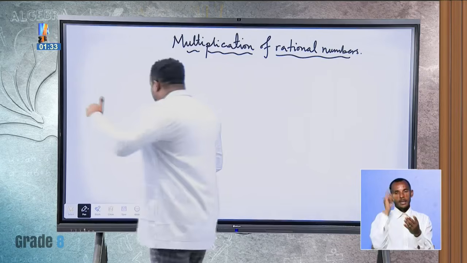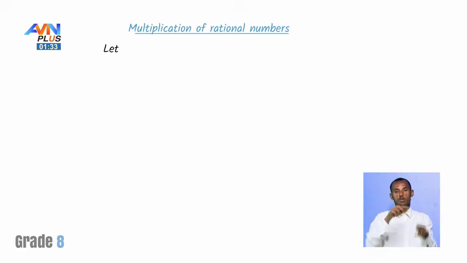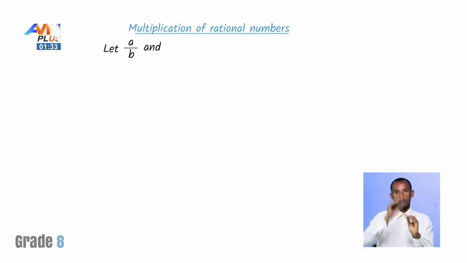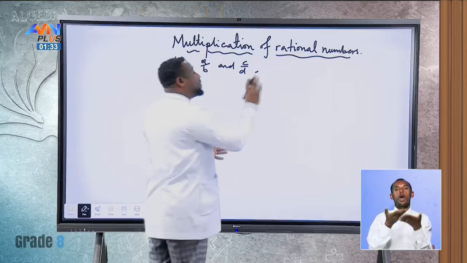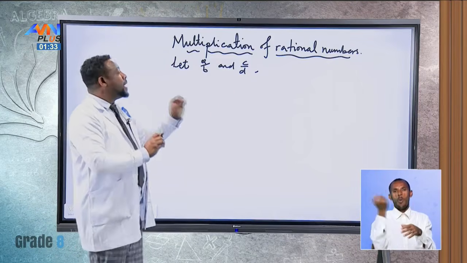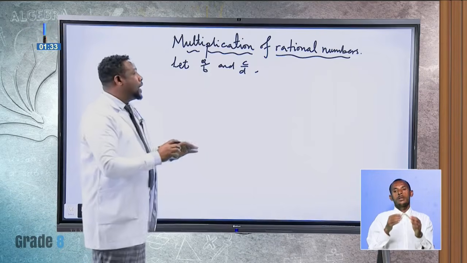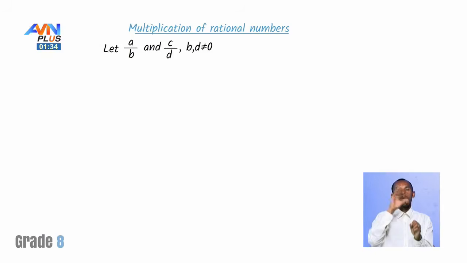When we come to the multiplication of rational numbers, let's say we have two rational numbers, A over B and C over D, where don't forget to put a restriction on the denominator always, otherwise the numbers will not be defined. So B and D must be different from 0.